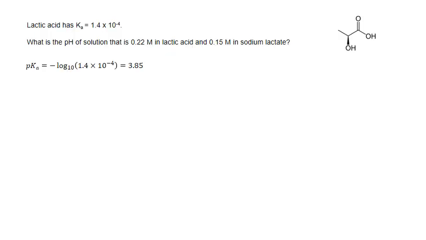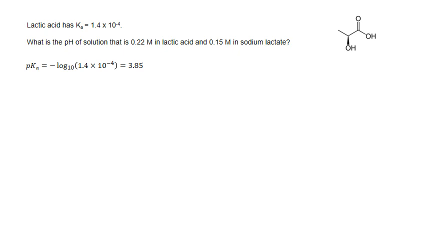Okay. So let's do a completely different example. Here's lactic acid. Ka is 1.4 times 10 to the minus 4. And they give us the concentration of lactic acid, and they give us the concentration of sodium lactate. And we figured out that we can use those values directly, that the values in the buffer solution are going to be as we mix them.